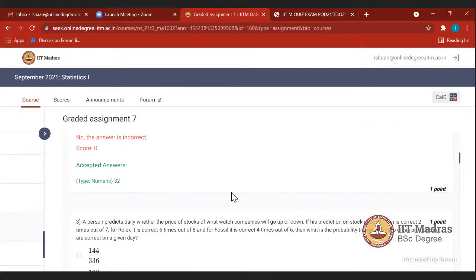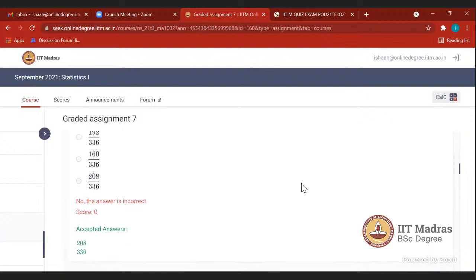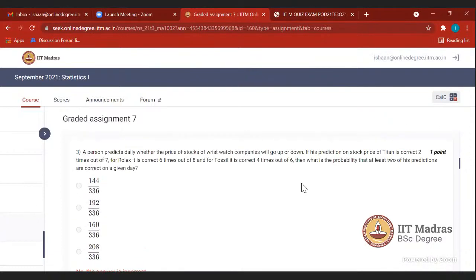Yeah, sir, in question 3, the answer is not matching actually. The cases we have, I made 2 to 3 cases, like at least 2 correct, right? Yeah, he's making 3 assumptions. So we may have 2 or 3.